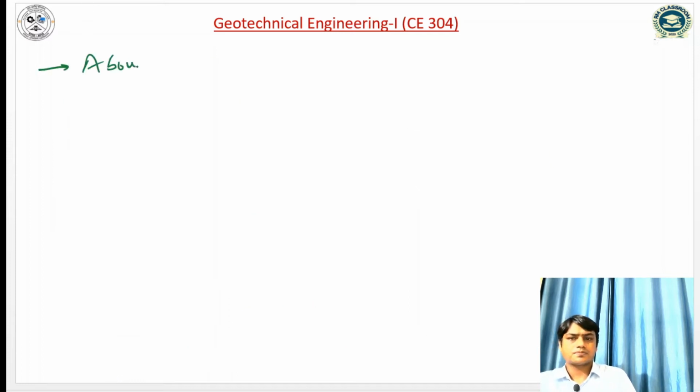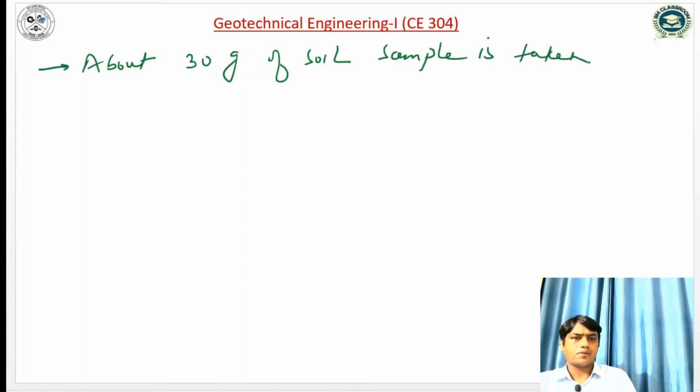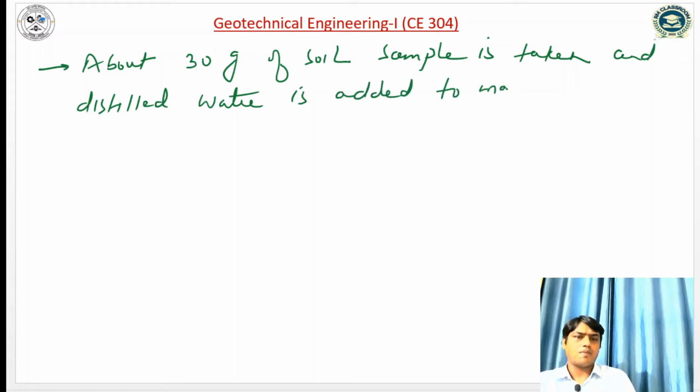So about 30 gram of soil sample is taken, and distilled water is added to make a soil paste.